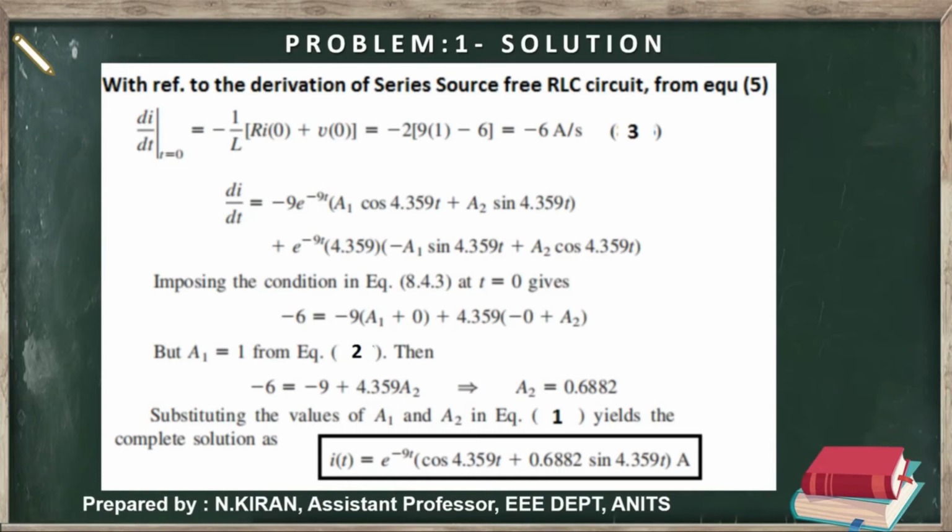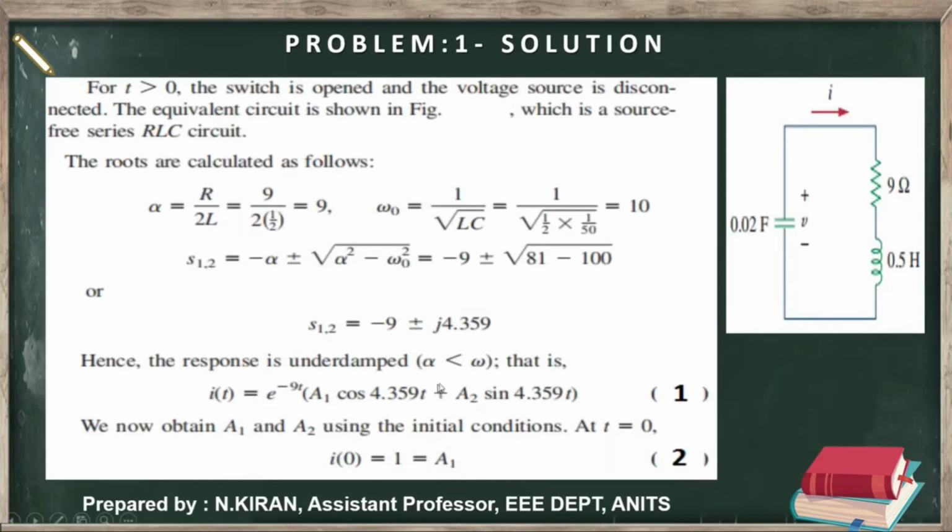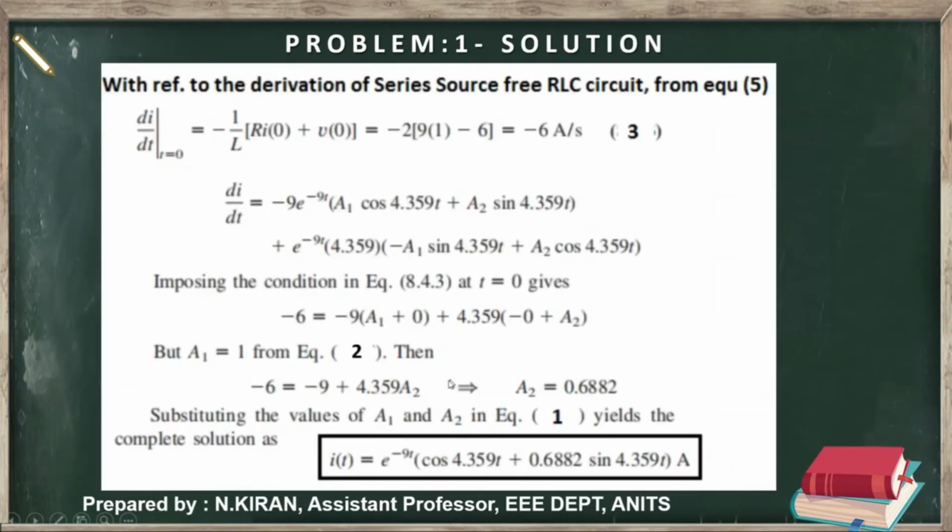Using the initial values that we obtained earlier, if we substitute in this equation, we will get the value of a2, which in this case is 0.6882. Substituting the values of a1 and a2 in the first equation, you will get the response of I of t.